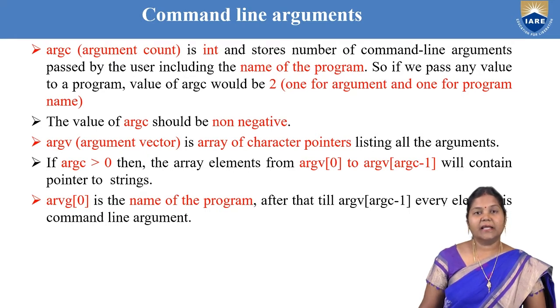So, if you pass any arguments to a program, then the value of rc will be minimum 2. So, if you are passing one command line argument also, the count value will be minimum 2, because the first argument is always the program name and the second one will be the actual argument which you have passed. Now, the value of rc will be always non-negative.